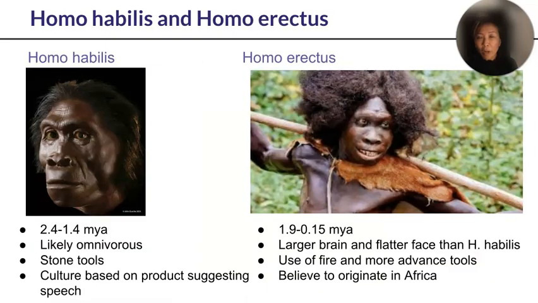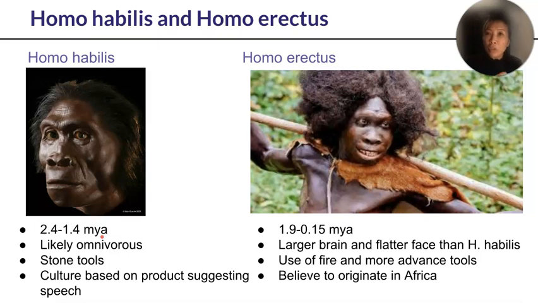So the next set of hominids that we're going to look at is the Homo habilis and the Homo erectus. Homo habilis is believed to have evolved about 2.4 to 1.4 million years ago. It's likely that they were omnivorous, meaning they consumed both plant matter as well as animals. And we start seeing some use of stone tools.